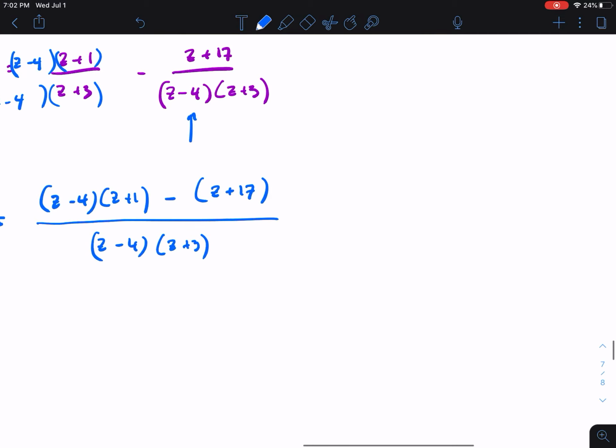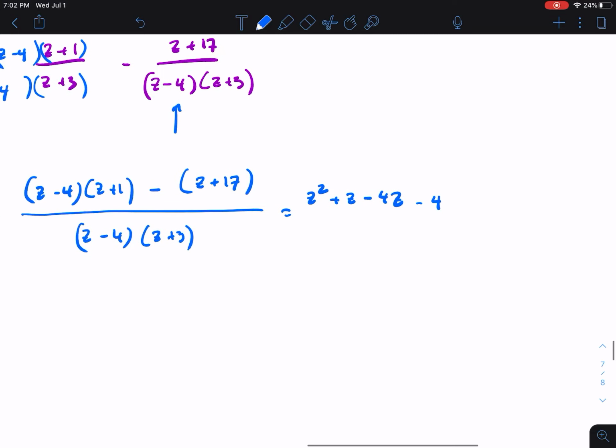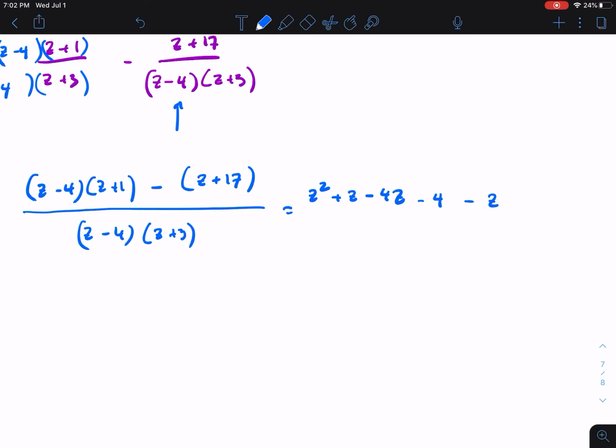Now we simplify. Z minus 4 times z plus 1 becomes z squared plus z minus 4z minus 4, and then minus z minus 17 for this one here. Distribute the negative.